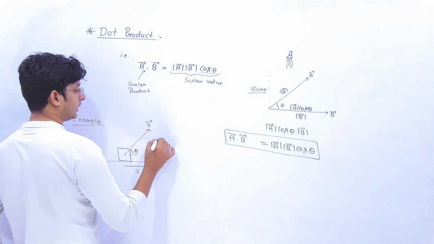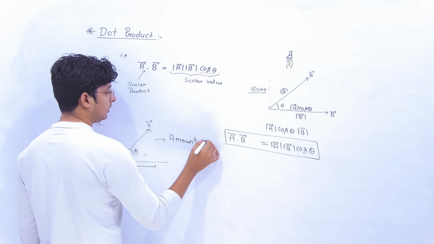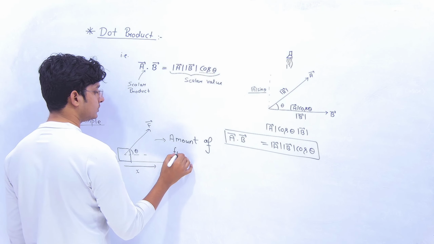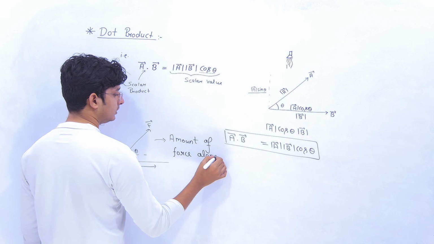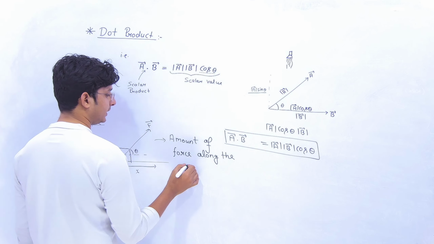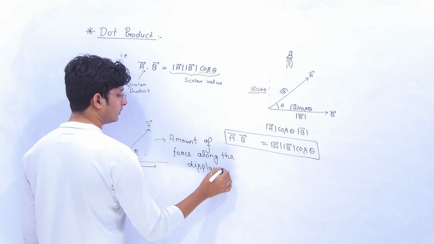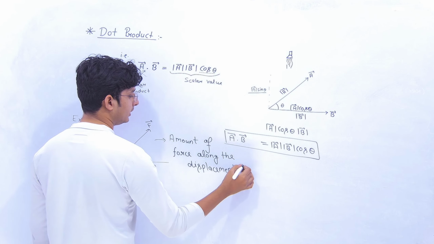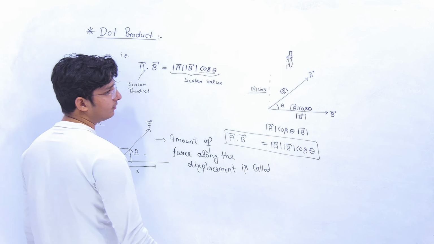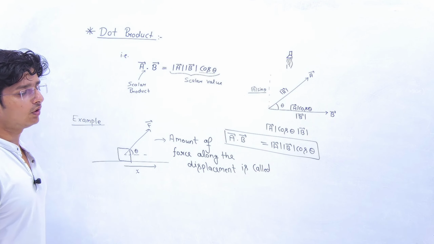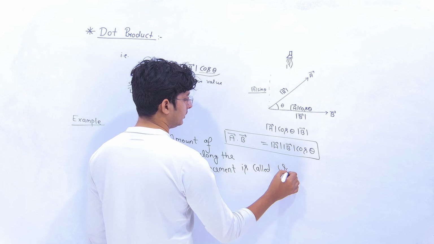Understand what I say? The amount of force along the displacement is called work done, and work done is the dot product of force and displacement.